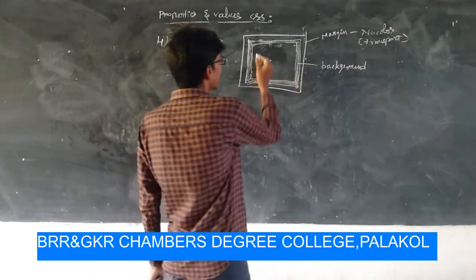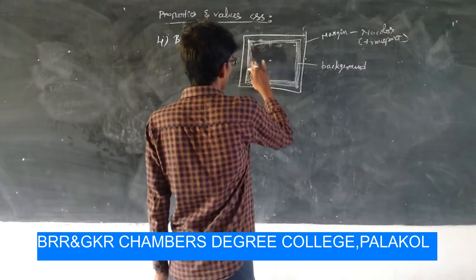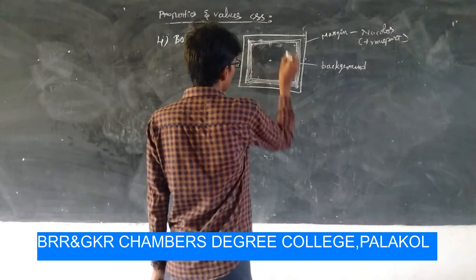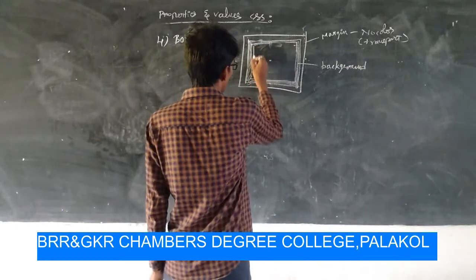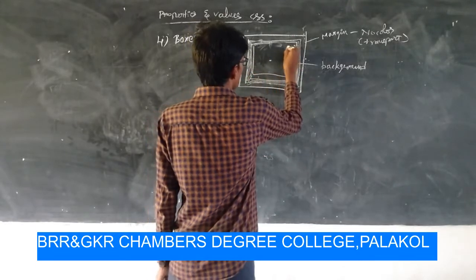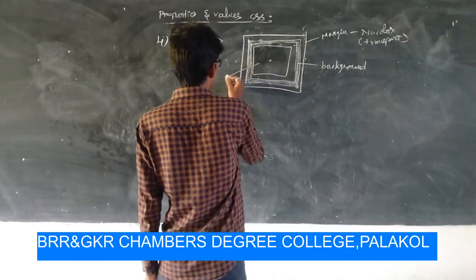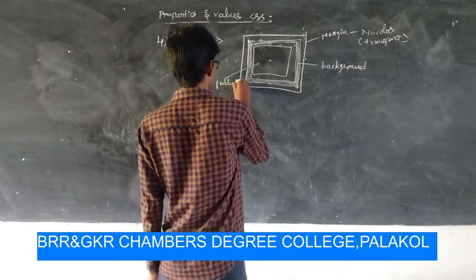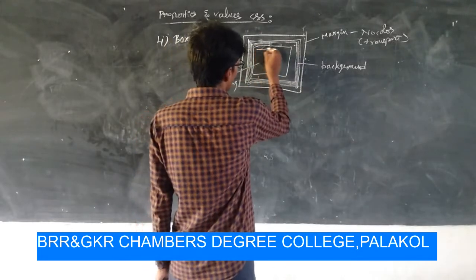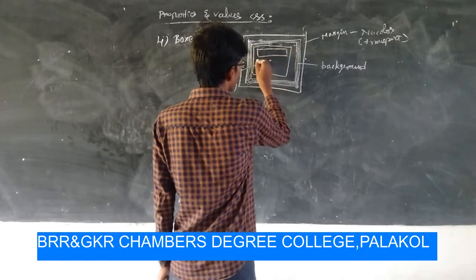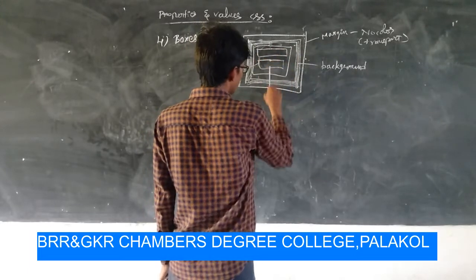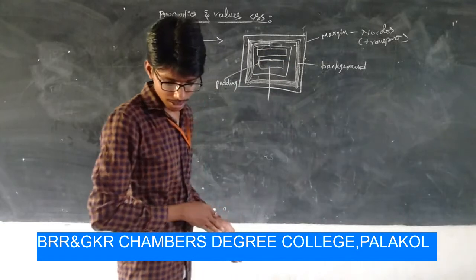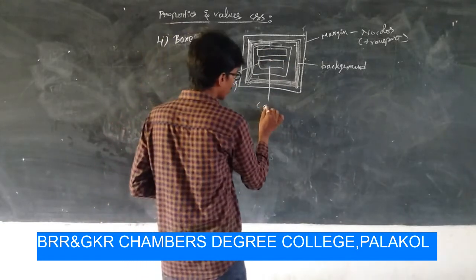This is the content box. The actual content preparation, we represent this box, is called padding. Then after that you mention the contents with boxes. These boxes are called the actual content of the body.